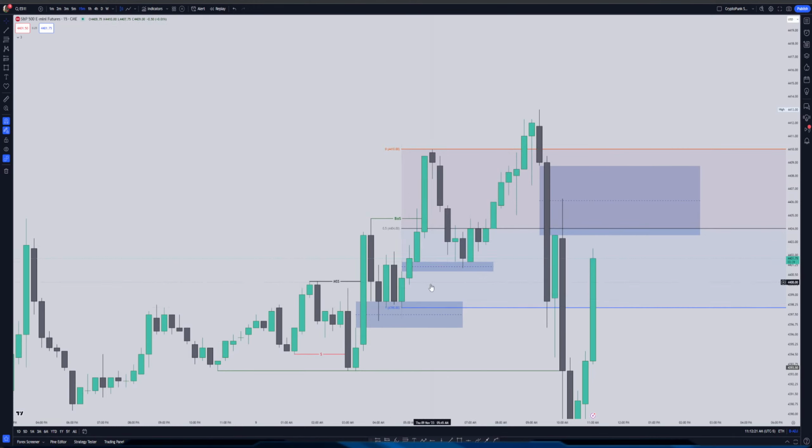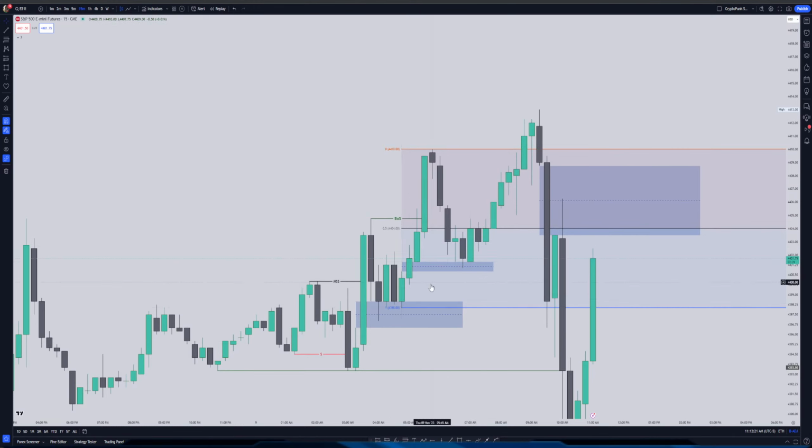When that high was created, I want to see something like this: a liquidity grab, a market structure shift. Did my example, the silver bullet that I just showed, give you anything like that here?